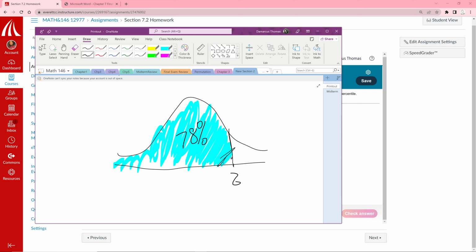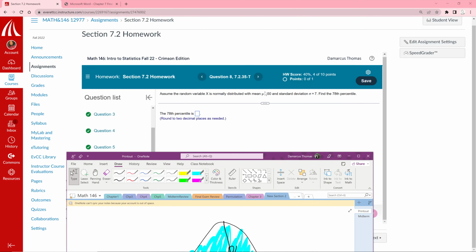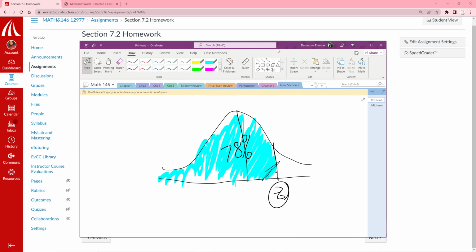So we're looking for the z-score. Actually, it is the z-score, but this is not the standard normal distribution. The mean and the deviation are not 0 and 1 this time. They gave it to us. The mean is 50 and the deviation is 7. So this is an inverse norm because we have the area 78%, the area to the left.